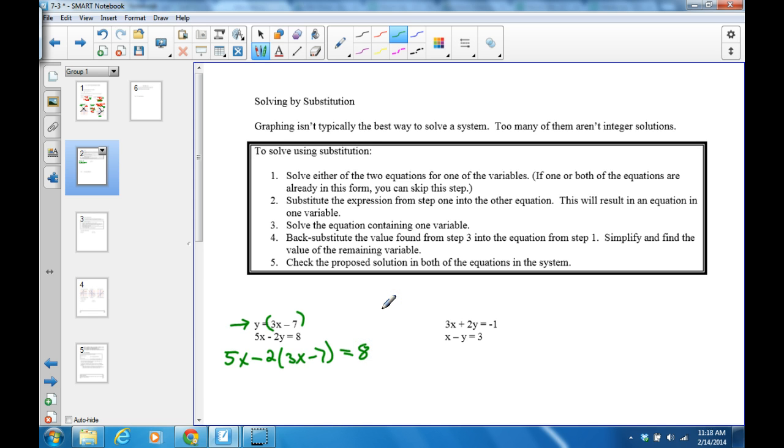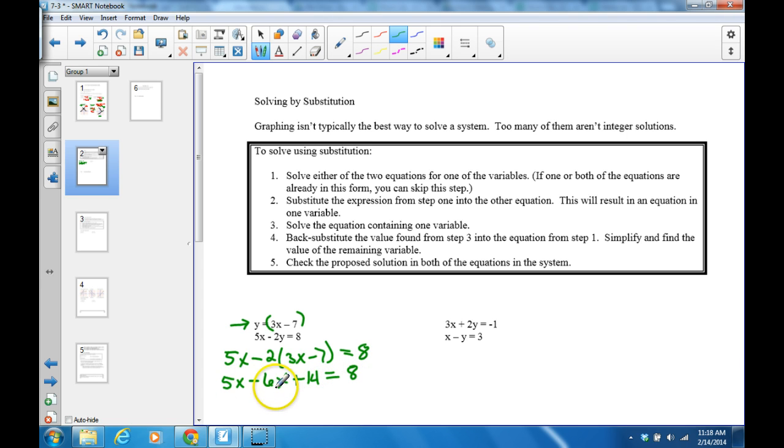We need to solve for x. Because y equals 3x minus 7 here, I can just substitute it in for y here. Replacing y with that, that's going to be 5x minus 6x plus 14 equals 8.